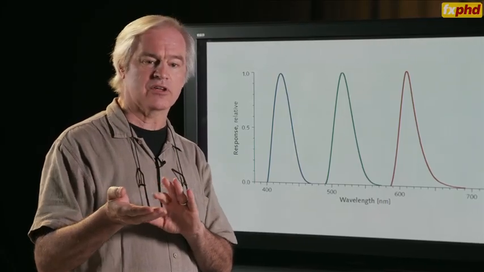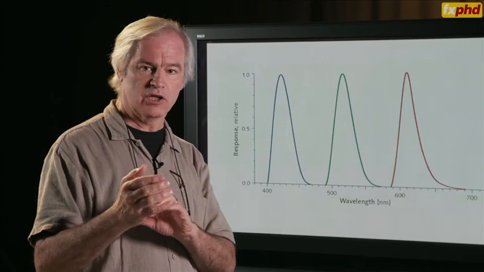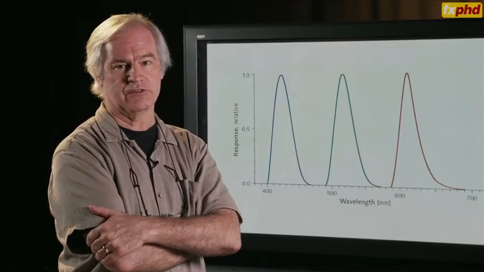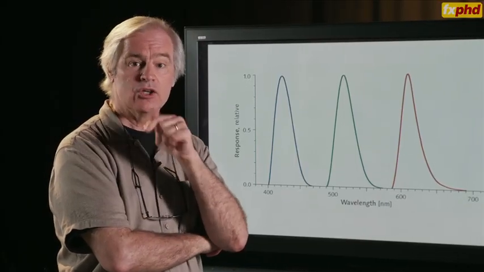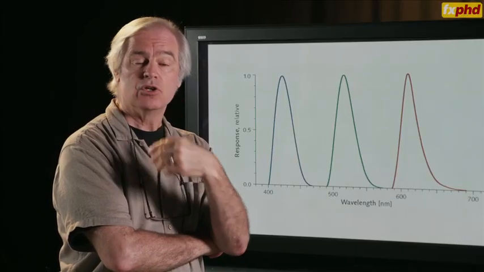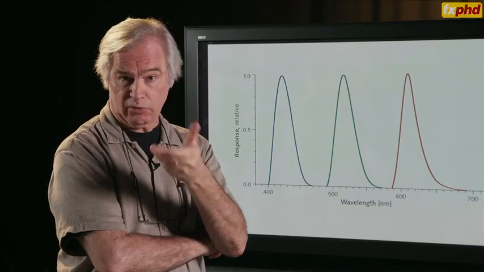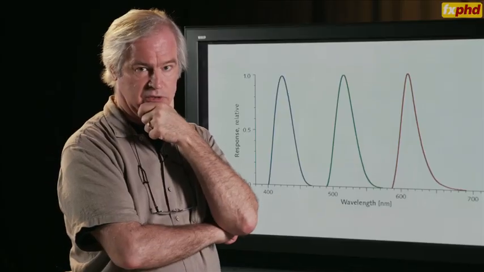But we also discovered that it's useful computationally to map the LMS system into the XYZ system because the Y channel mimics the lightness sensation of vision, and that's very useful for image processing and color processing terms.